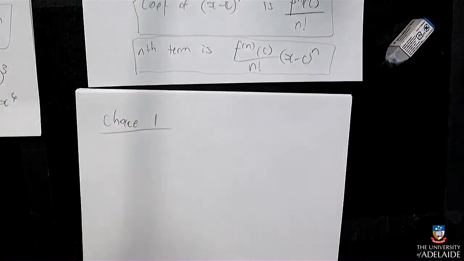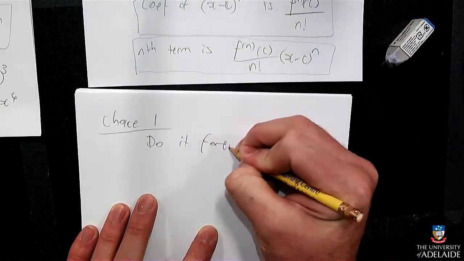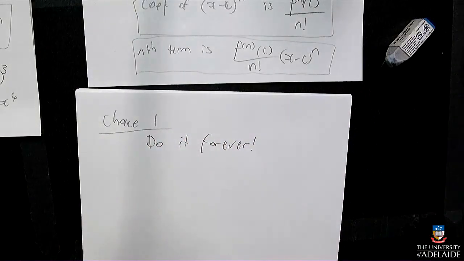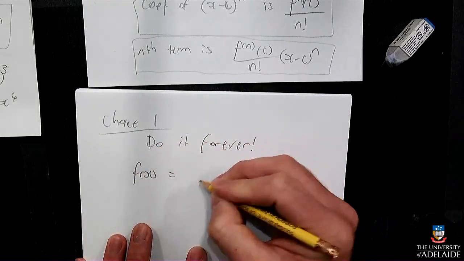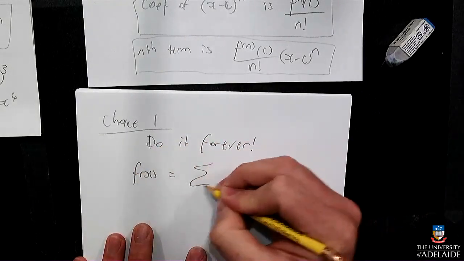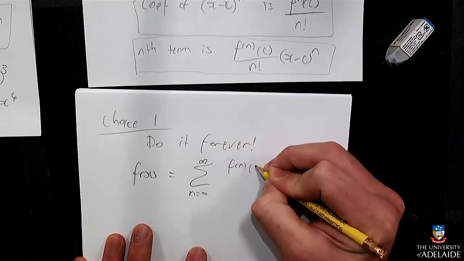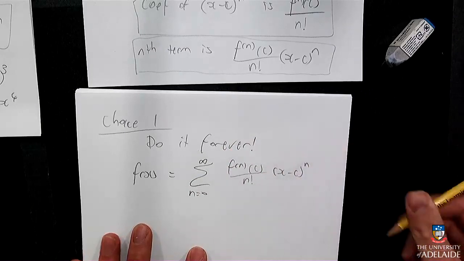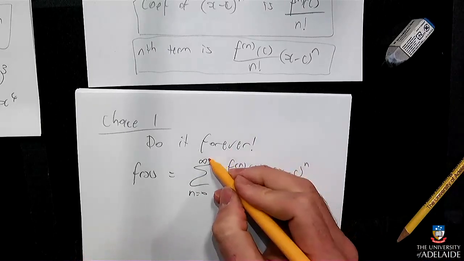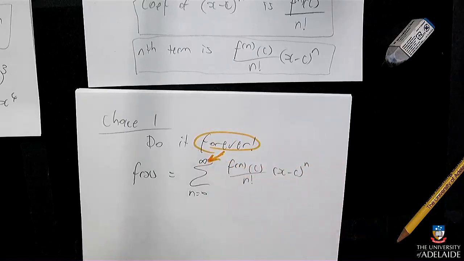So choice one, do it forever, and then we say that f of x is, well, all of them forever, to infinity. So there's my forever just there, that infinity.